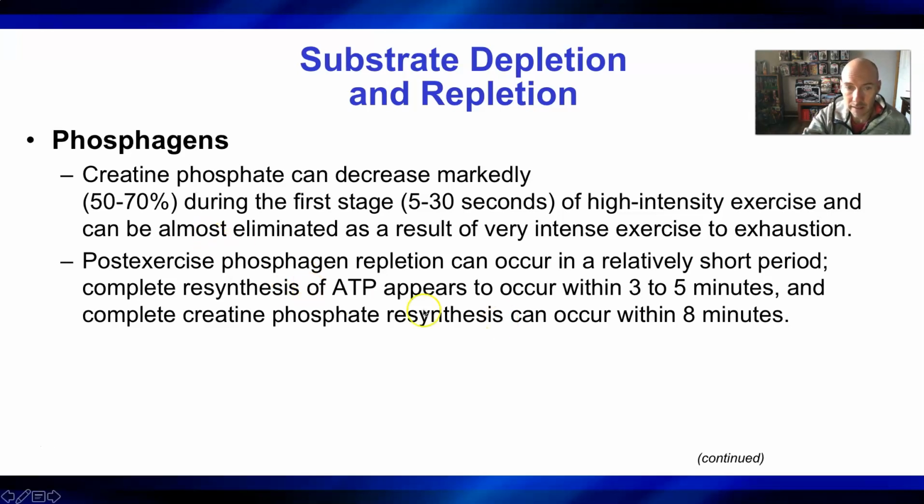And what this is telling us is that most of your ATP that you burn, or use, I should say, during a 5 to 30-second all-out activity is recovered or replenished in 3 to 5 minutes, with complete recovery in only 8 minutes, okay? Now, again, this is on a very short duration, high intensity activity.